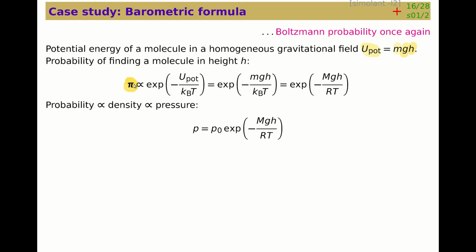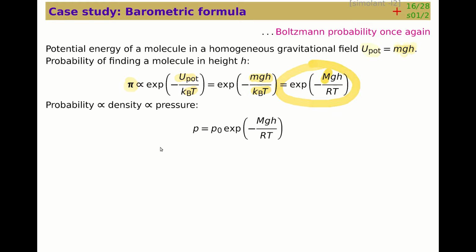So the probability of finding a molecule at the height h is proportional to its Boltzmann factor. I insert it here, and I can multiply both the numerator and the denominator by the Avogadro constant, and I'll get a useful formula.